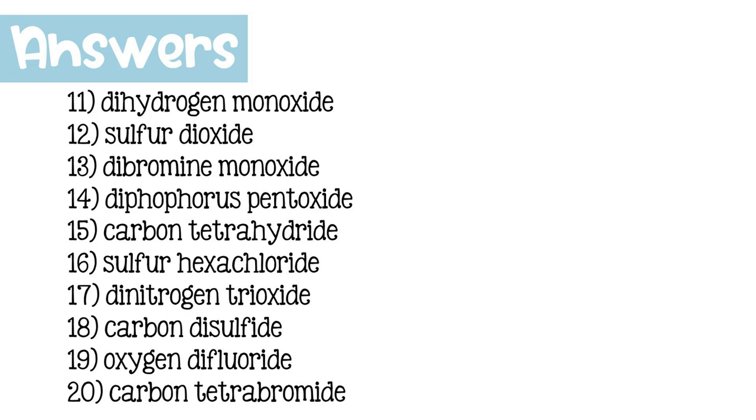This should be easy. Dihydrogen is H2, monoxide is just 1 oxygen, H2O. Sulfur is S, dioxide means 2 oxygens or O2, so SO2. Now we're looking at dibromine, so Br2, and monoxide, so just 1 O. And we are left with Br2O.